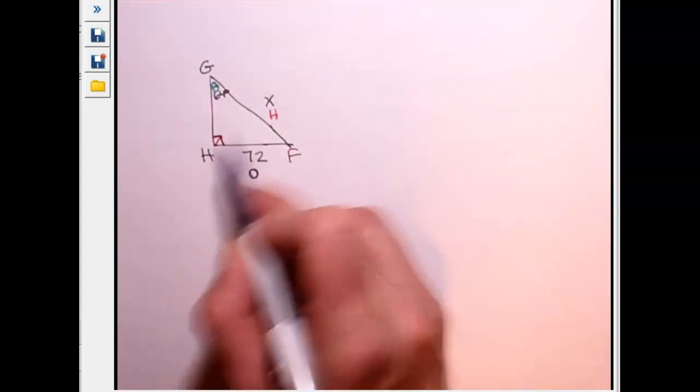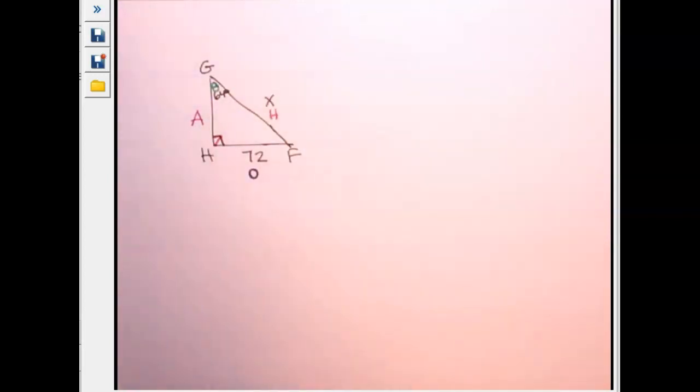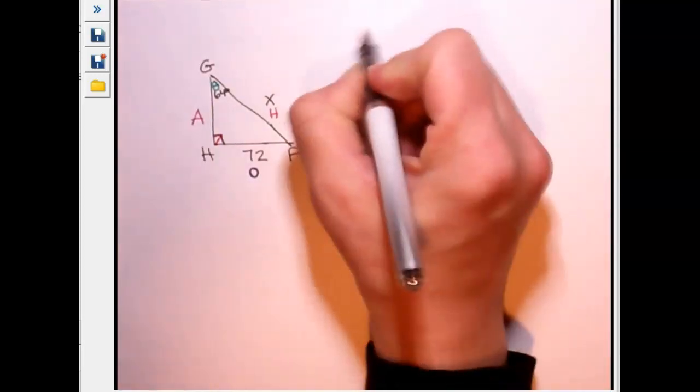You have the hypotenuse, which is opposite the right angle. And then the only other one that we have left then is going to be that adjacent side.